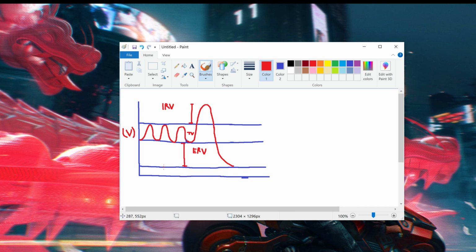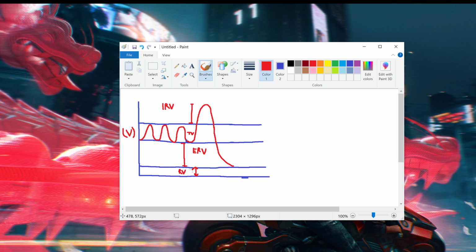And what's residual volume? It kind of has nothing to do with any of the lines on the graph. This is the residual volume, right here, RV. This is the amount of air that remains in your lungs after a maximum amount of exhalation. Not all of the air in your lungs is removed during a normal exhalation or during a forced exhalation.